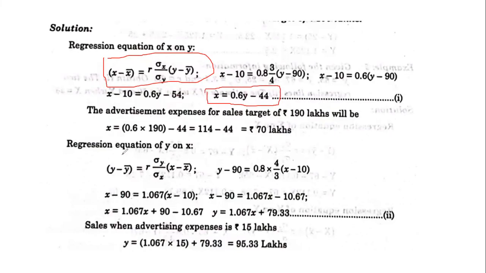Similarly, y on x is this particular formula. So this is x on y, this is y on x. Once again, substitute the standard deviation values. Standard deviation of x and y is given here, so these values you have to substitute here. Once again, variance we can convert into standard deviation.